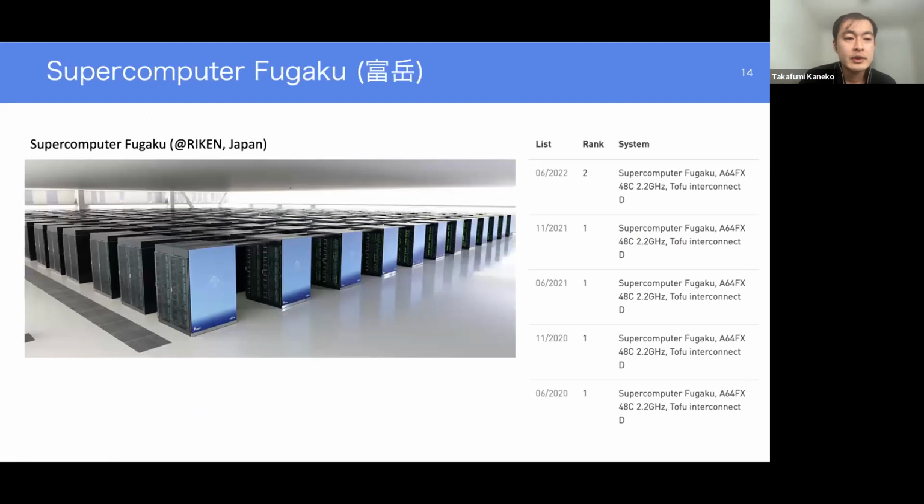We use the supercomputer Fugaku installed at RIKEN in Japan. This supercomputer was the fastest in the world until last year, and now it is second rank. But we were able to use such large computational resources, so we carried out a large number of parameter surveys.